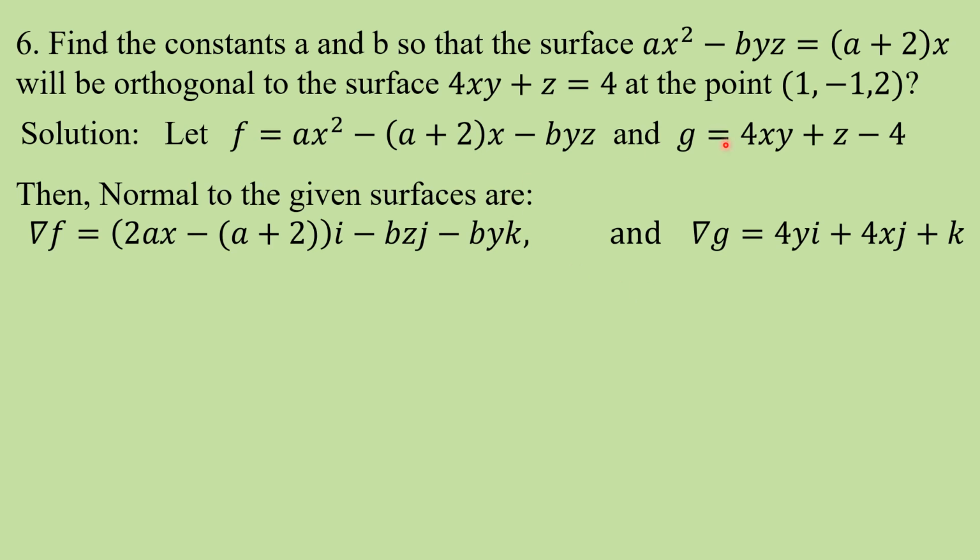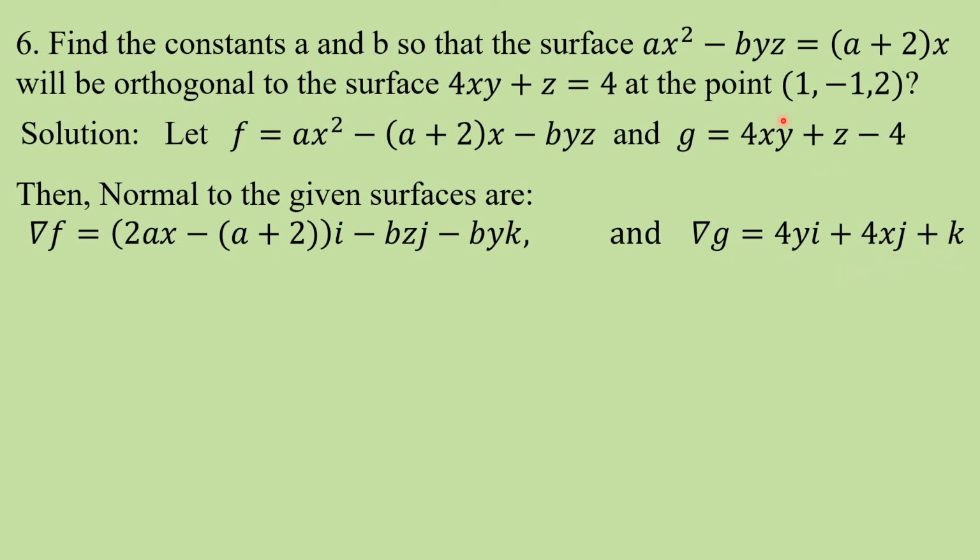In a similar way we can find the normal to the surface g, that is del g. So I have 4y i plus 4x j. Differentiate g partially with respect to y this time, treating z and x constant, you'll get 4x. So 4x j, plus with respect to z, if I differentiate partially, I'll get 1. So that is plus k. So del g is 4y i plus 4x j plus k.